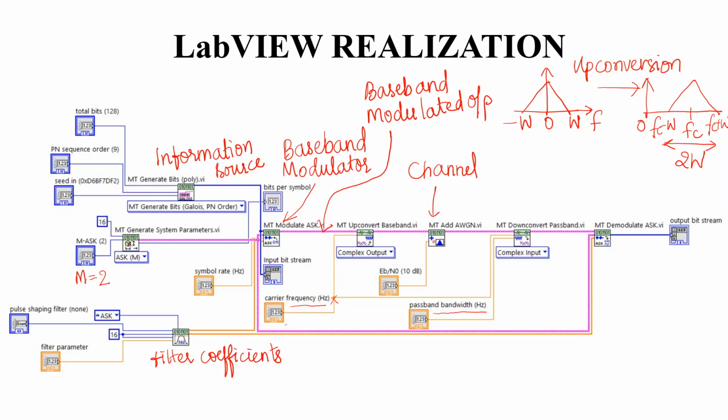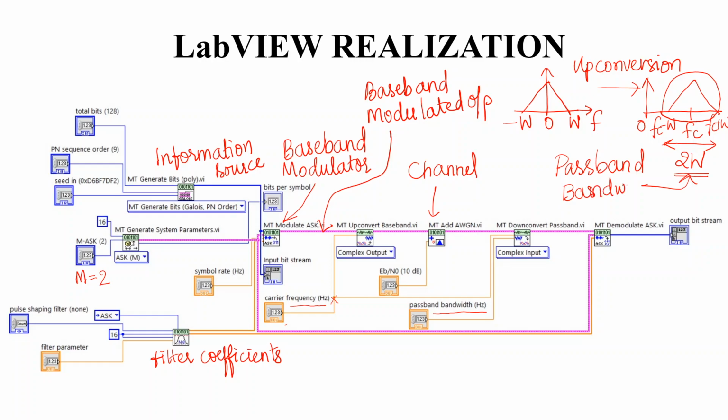Whenever I want to reconstruct the information on the receiver side, I need this entire information to reconstruct the complete information. Therefore, the window within which I am capturing the total information is 2W, and this is what we call passband bandwidth.